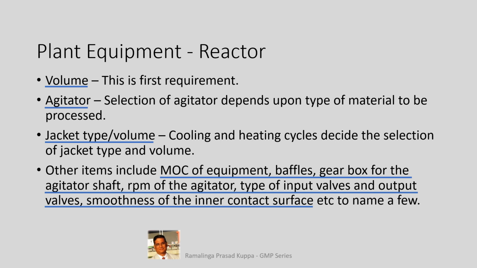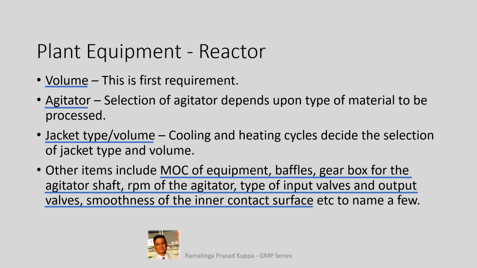Baffles are used for uniform mixing of the material inside the reactor without vortex. Gearbox will take care of the agitator rotation smoothly. It should be adequately designed for the purpose. It is also necessary to see that there is no leak of lubricants into the reaction mass through the agitator shaft.